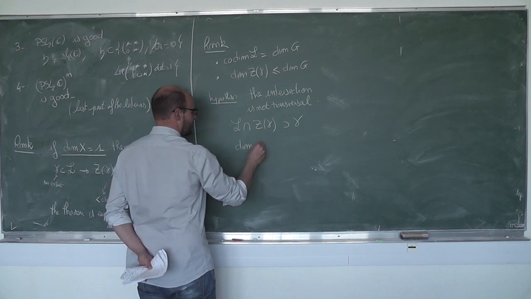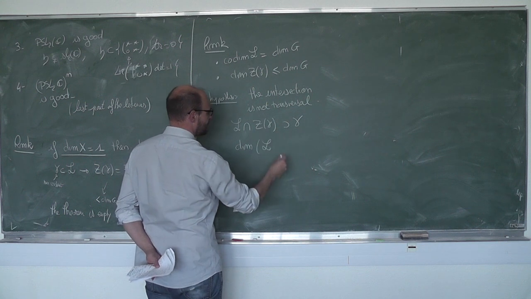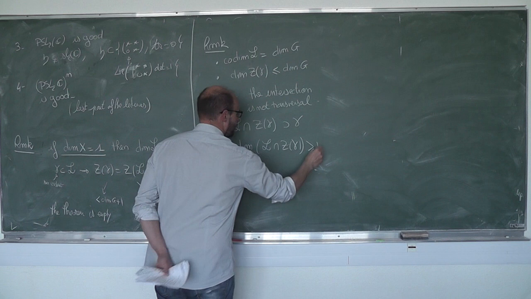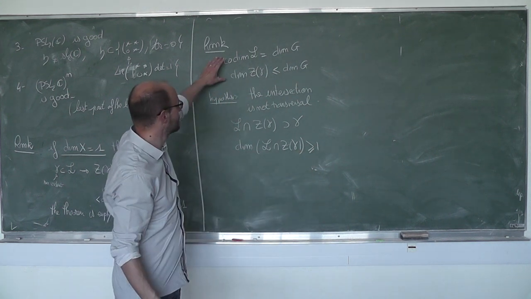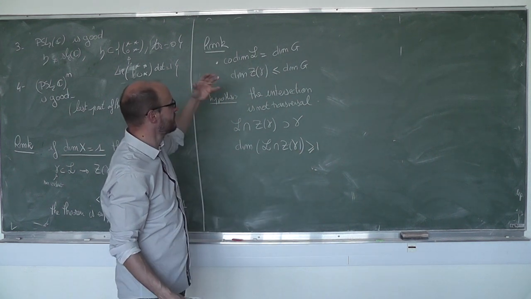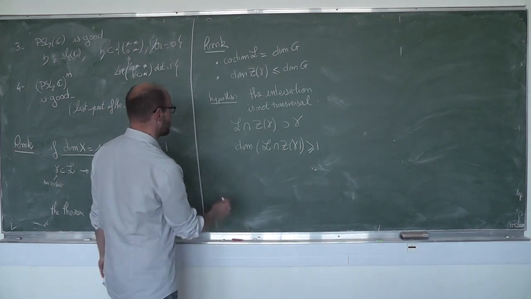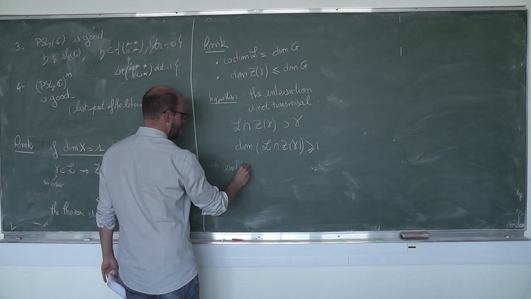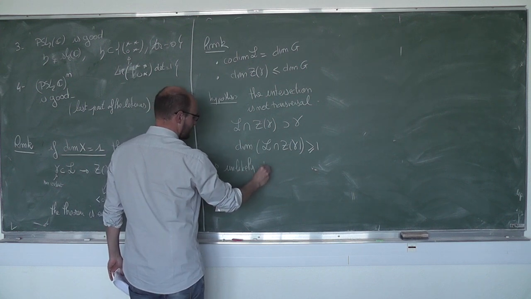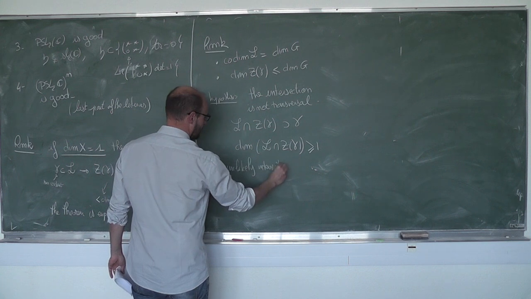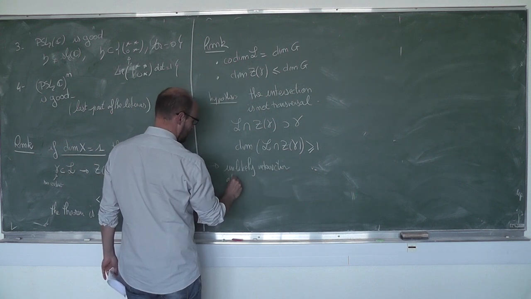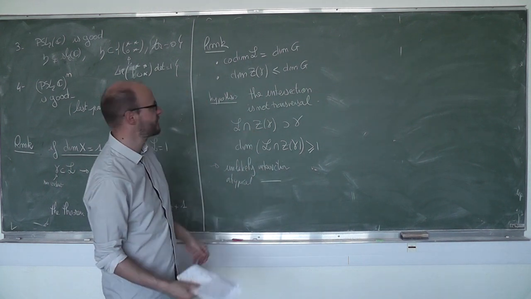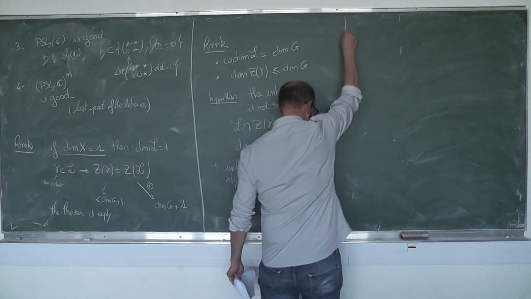So the dimension of the intersection, or at least one irreducible component of the intersection, must be bigger than 1, which means that the intersection here is not transversal. So people call this unlikely intersection, or atypical intersection, or non-transversal intersection, if you want.